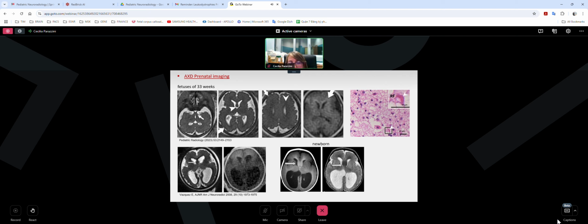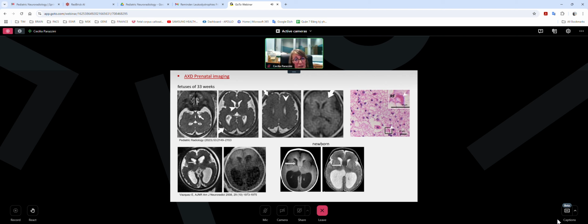Very few cases have been described of prenatal imaging of Alexander disease, and actually the diagnosis was made by genetic tests and neuropathological data.